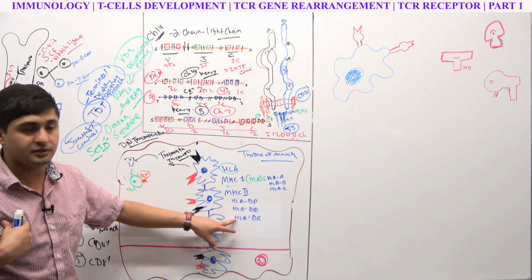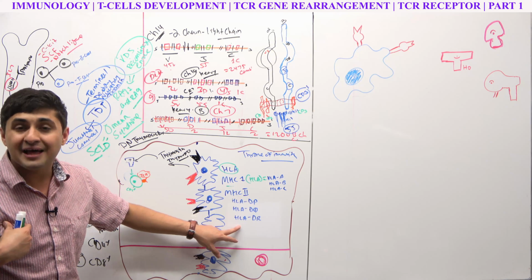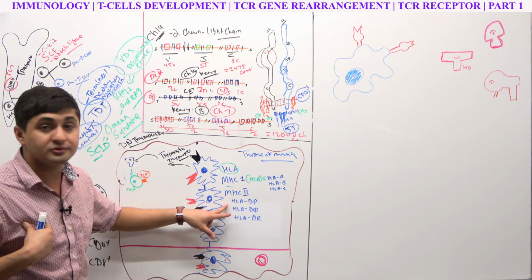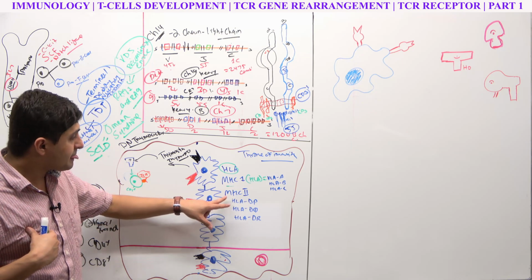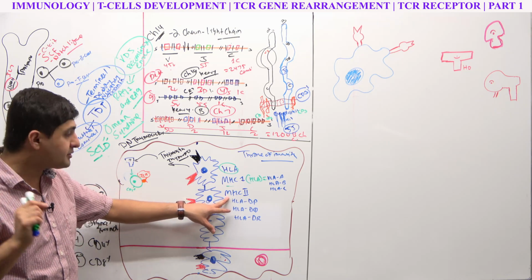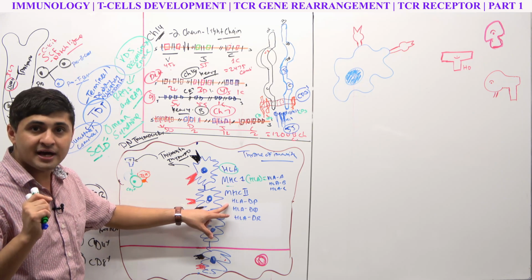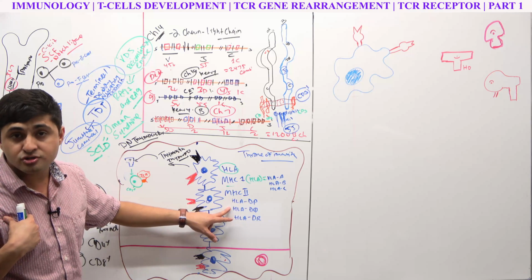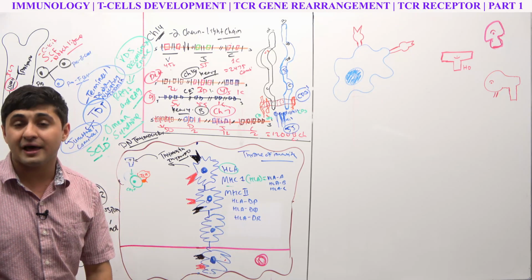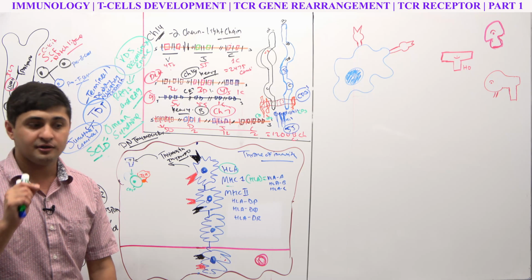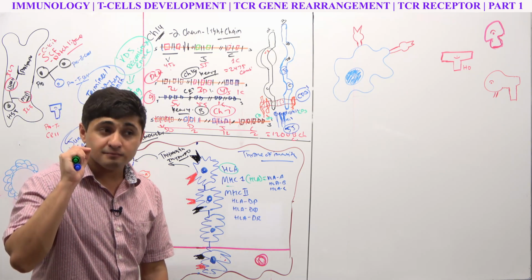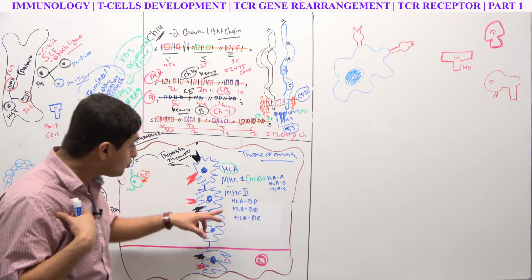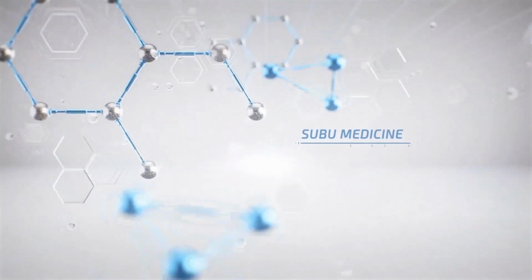Fibroblasts and vascular endothelial cells will also show MHC2. But if you want to remember something, always remember that thymic epithelium will show it, the medullary epithelium will have it, and all the antigen-presenting cells will have MHC2. Specifically, remember dendritic cells, B cells, and macrophages will have MHC2.